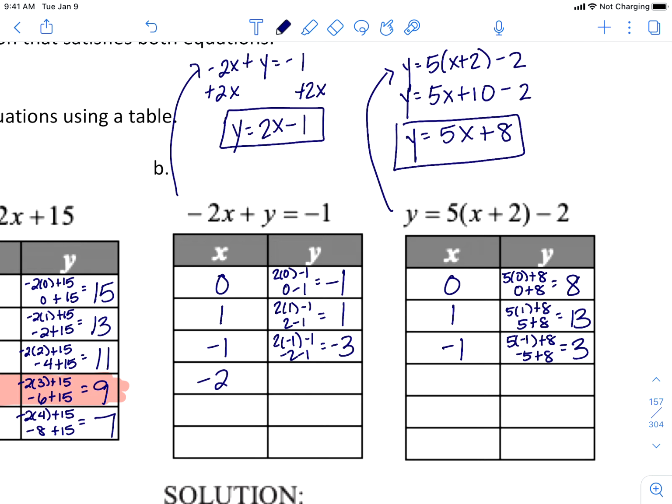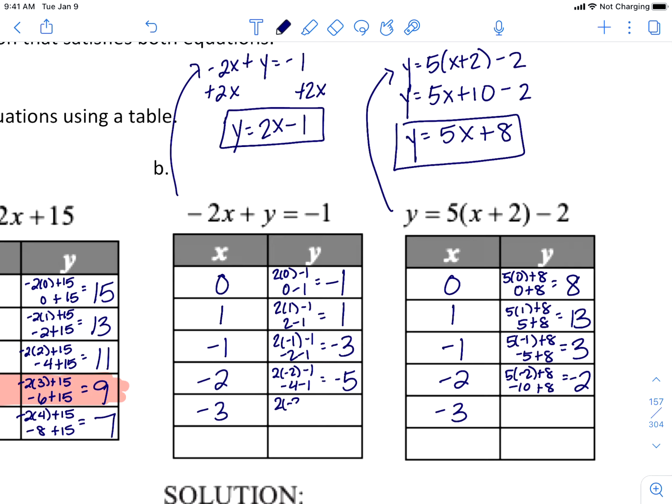If we do negative 2, 2 times negative 2 minus 1, negative 4 minus 1 is negative 5. 5 times negative 2 plus 8, negative 10 plus 8 is negative 2. We're getting a lot closer. We'll do negative 3 next.